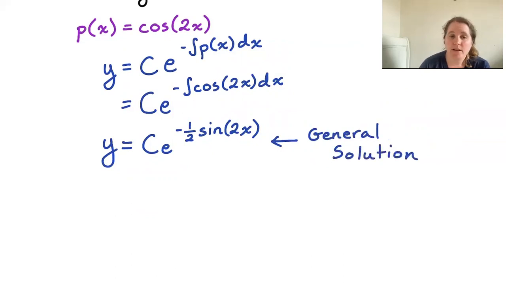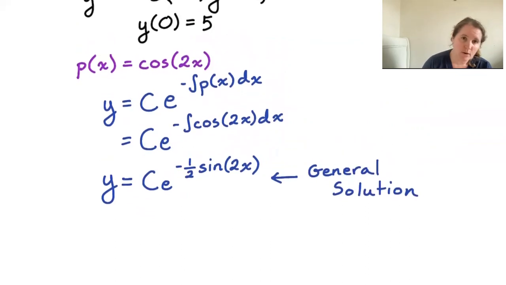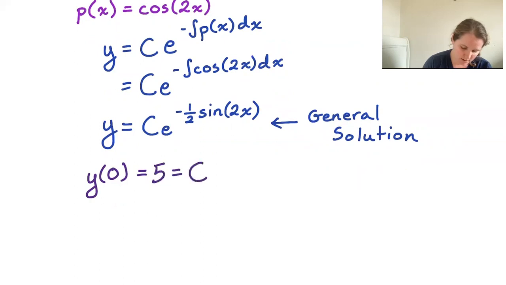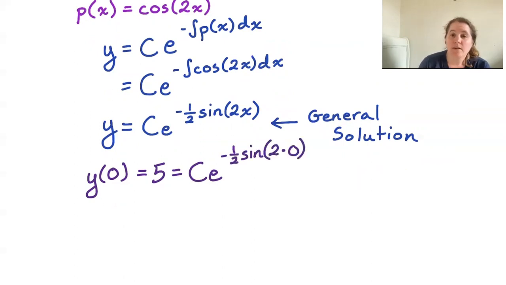We can then plug in our initial condition of y of 0 equals 5. So y of 0 is equal to 5 is equal to C e to the negative 1/2 sine of 2 times 0. Sine of 0 is 0. So this is C times e to the 0th.